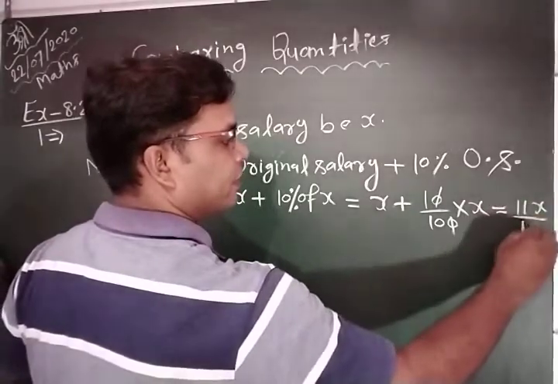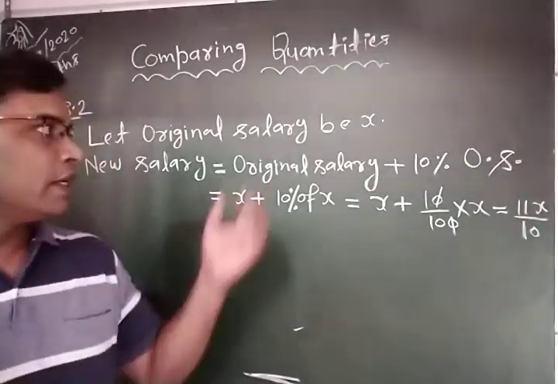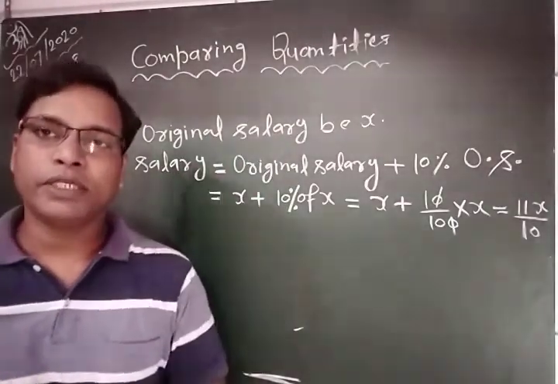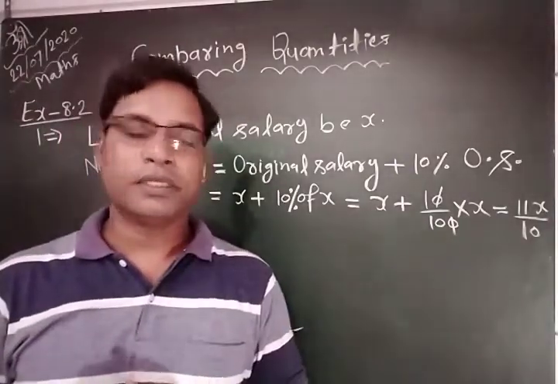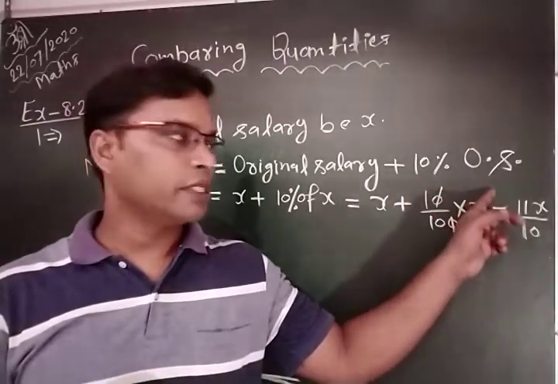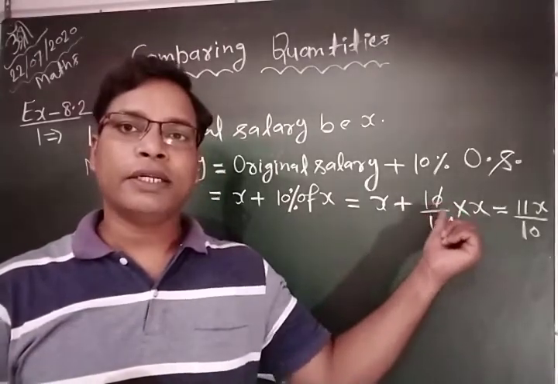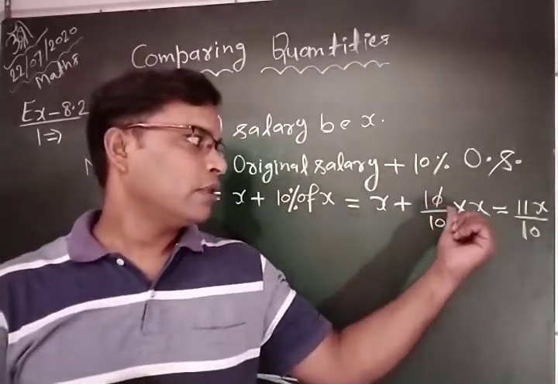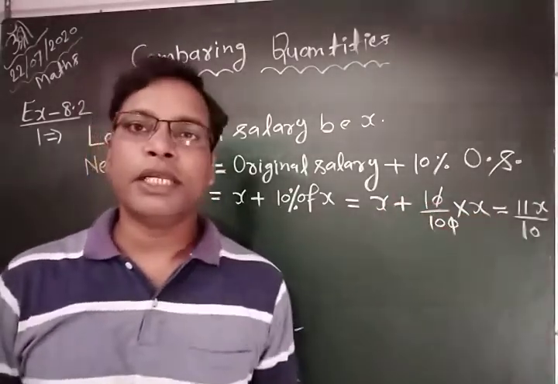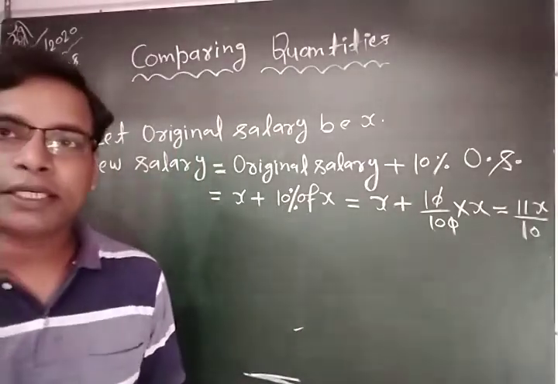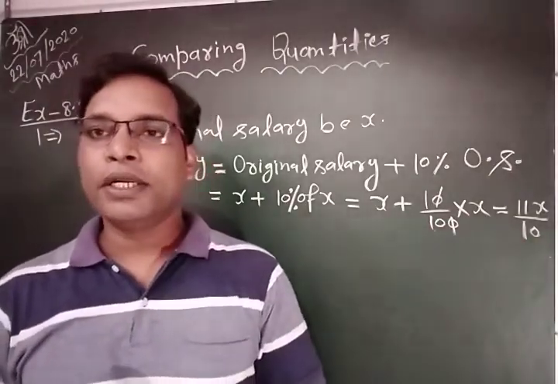This is the new salary according to our assumptions, because we let the original salary be x, but the increment of salary is 10%. Then we find 10% of original salary, which is 10 by 100 into x. Clear? So it becomes 1 by 10 x. Then x plus 1 by 10 x becomes 11x by 10. Clear?